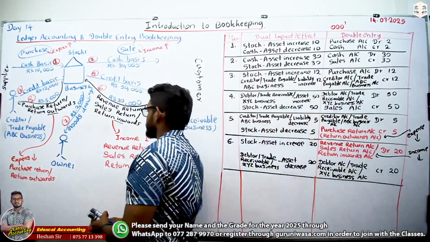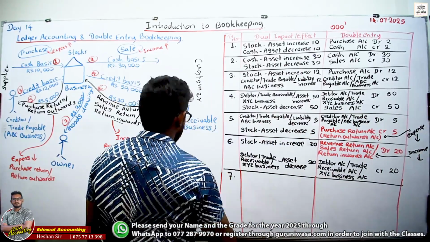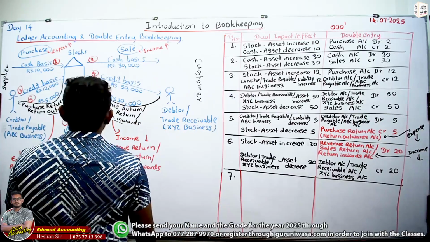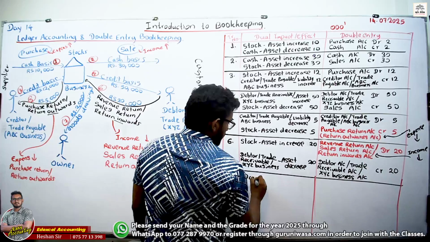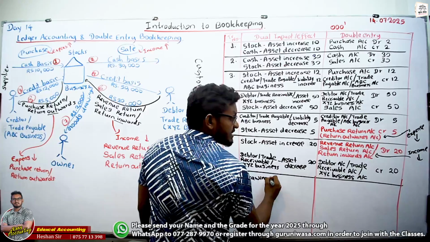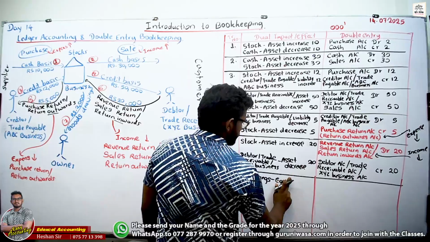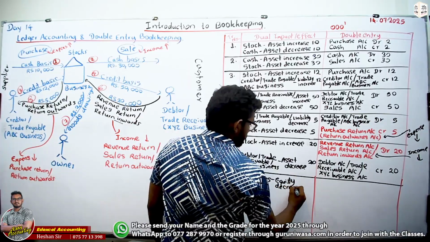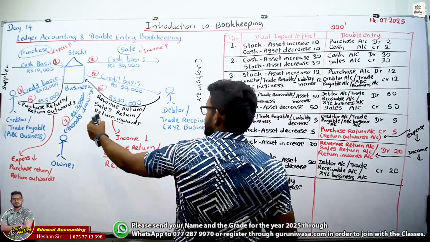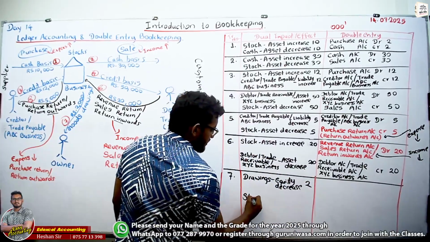Number 7, last one, right? Owner's goods drawings. When the owner's goods drawings, equity decreases by rupees 2000, stock asset decrease.